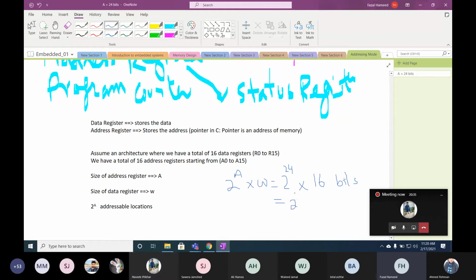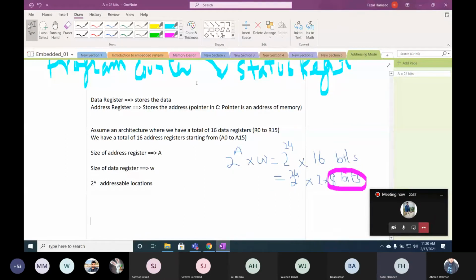So from this, 2 raised to power 24 multiplied by 2 raised to power 3, that is 8 bits. What is 8 bits? Byte, 1 byte. Right. So actually it is 2 raised to power 25 bytes, because 2 raised to power 24 plus 1 makes bytes.